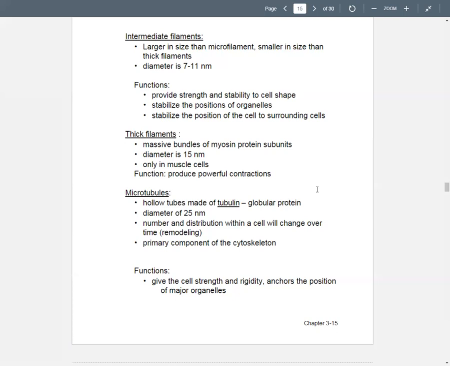How many and how far, where they're distributed in the cell will change over time as your cells get older. All right, and it's a primary component of your cytoskeleton. It gives your cell strength, rigidity, holds it in place.